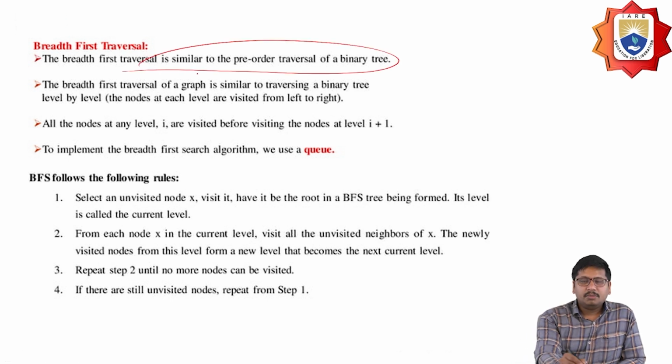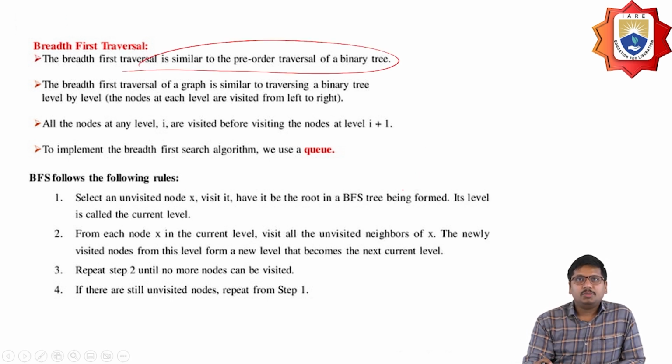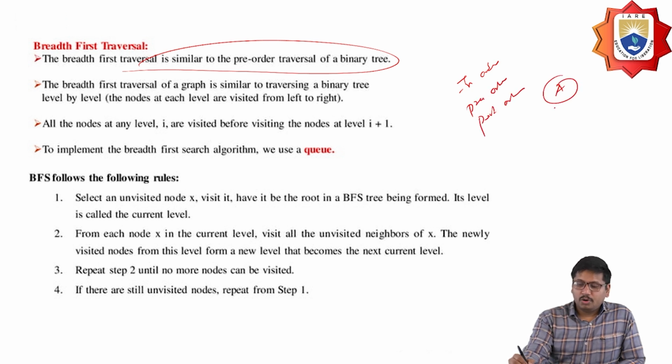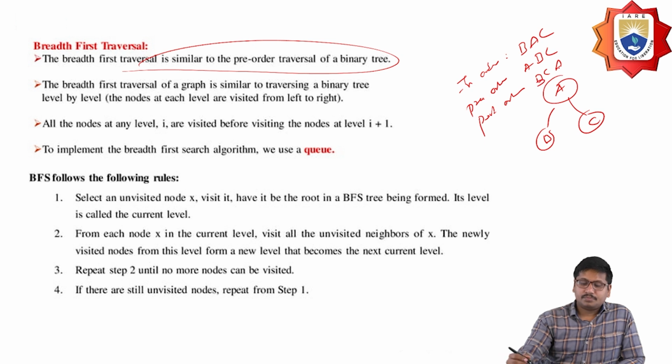So the breadth first search is almost similar to the traversal of the binary tree. There are different traversals of a binary tree, like in-order, pre-order, and post-order. If I have a binary tree like this, in-order should be BAC, pre-order should be ABC, and post-order should be BCA.